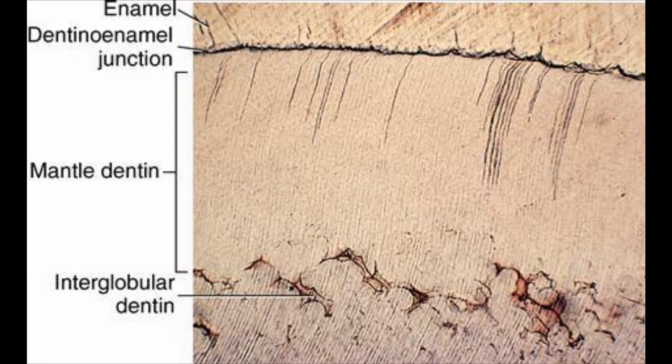They are represented as small, discrete, hypermineralized areas that are close to each other. And this is seen in the patients which have vitamin A or vitamin D deficiency, more commonly in the vitamin D deficient patients.